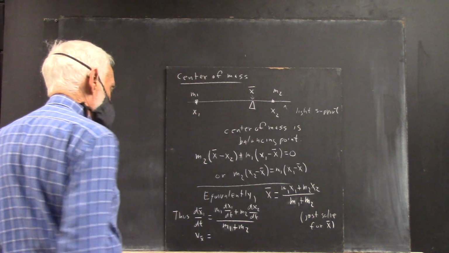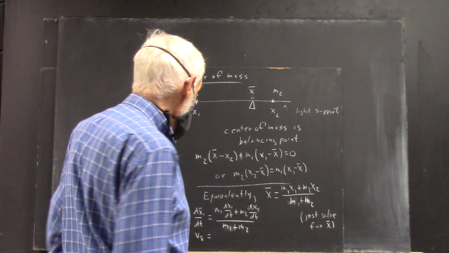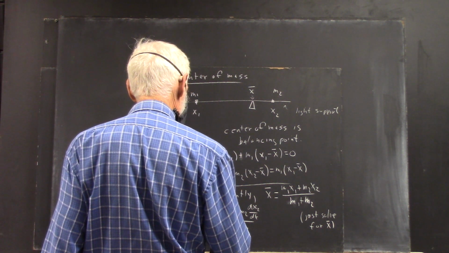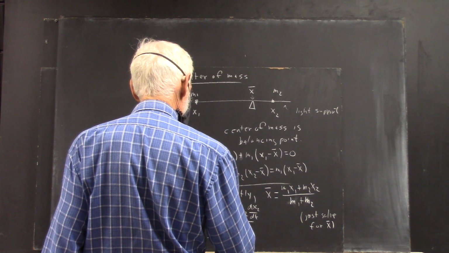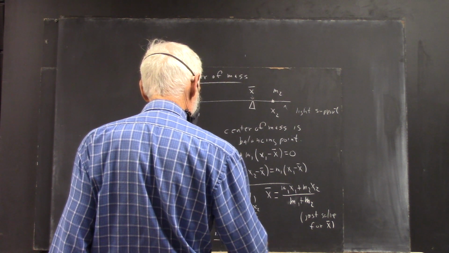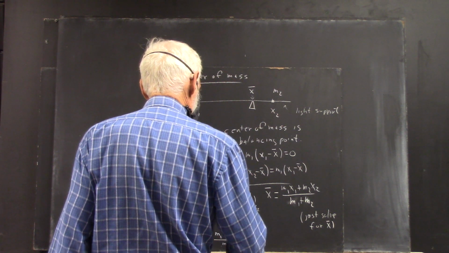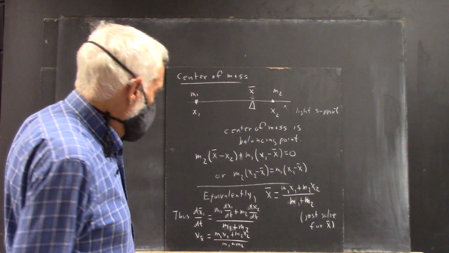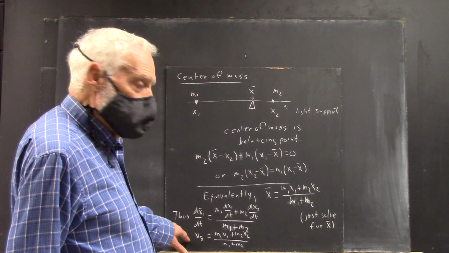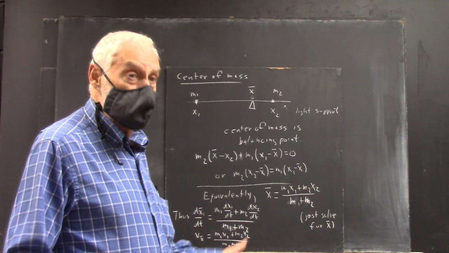Writing in the notation I prefer to use, that's the velocity of the center of mass. V sub x bar, velocity of the center of mass. And if you take another derivative, the derivative of this with respect to t, we're going to get derivative of v1 with respect to t, which is just the acceleration.